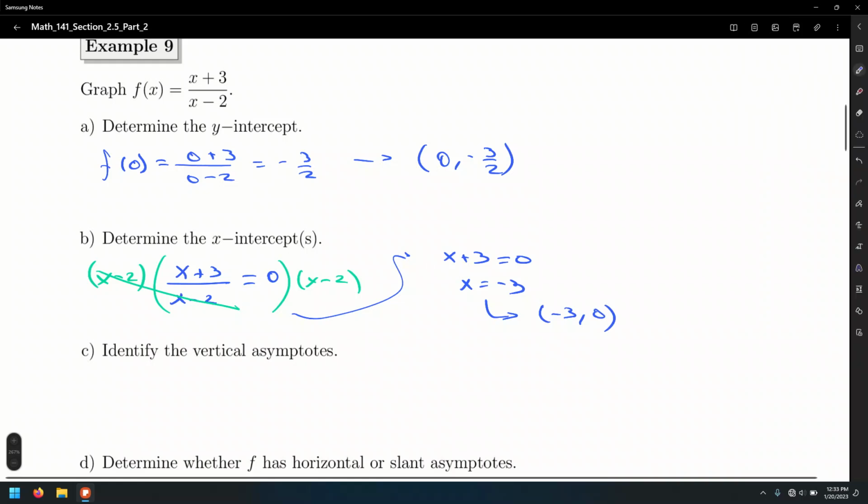The reason I'm pointing this out is because it's very common to make this kind of silly mistake of just mentioning the x value. In this case, the x value only is just the zero of the function, not the intercept. An intercept is a point, and a point is actually an ordered pair.